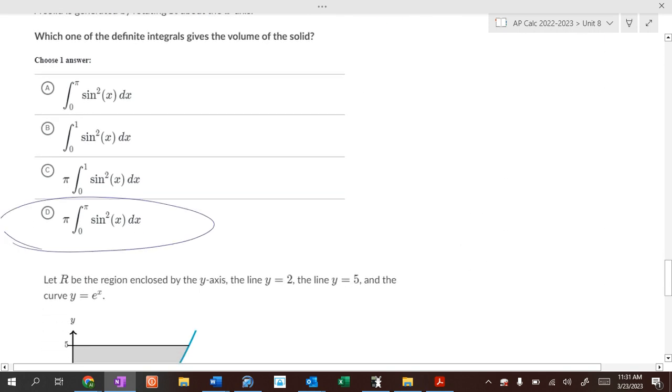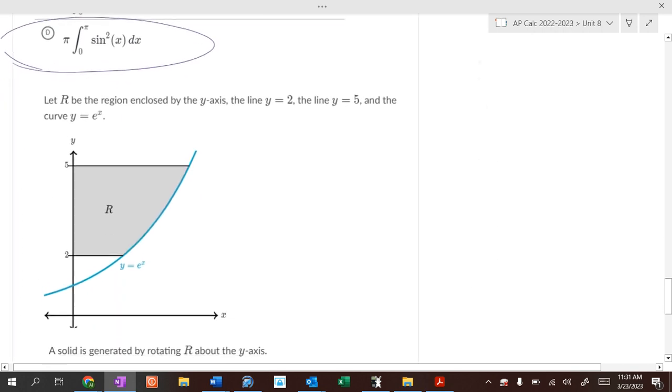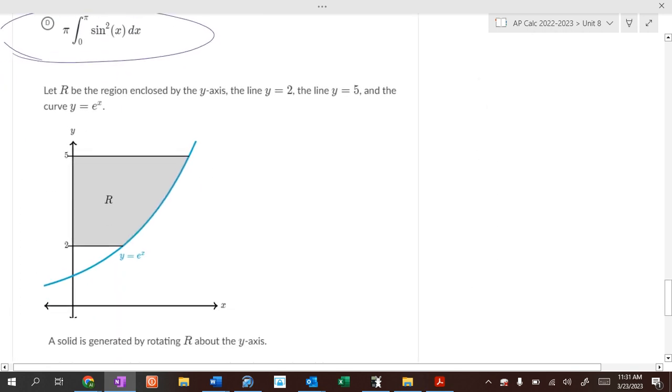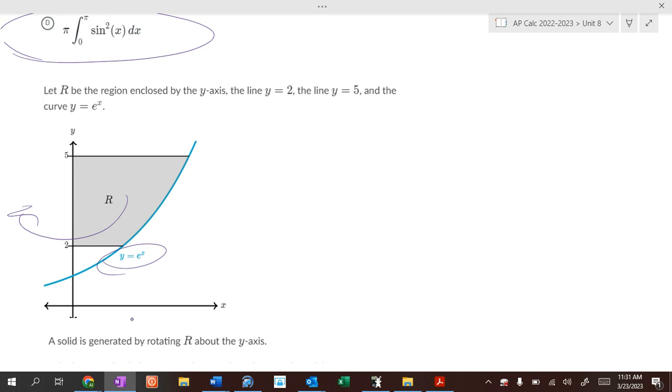0 to pi of sine x squared with pi on the outside. Okay, this one is not so easy, not like the last problem. We're going to go around the y-axis this way. So what do we have to do with this? Oh, you are so smart, Miles. We're going to take the natural log of both sides.